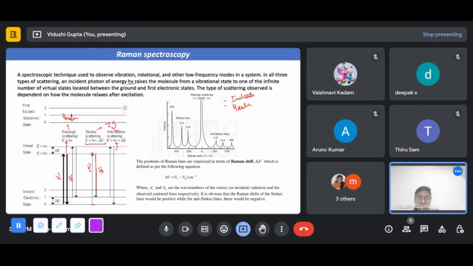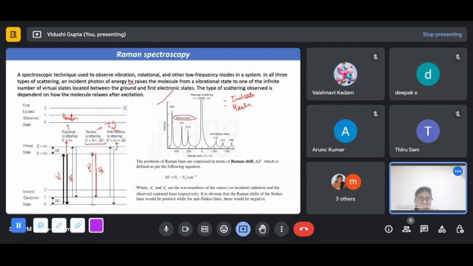Now here, this is the Raman spectrum of CCl4. In this, we observe there is a Stokes line, Rayleigh scattering, and anti-Stokes line.